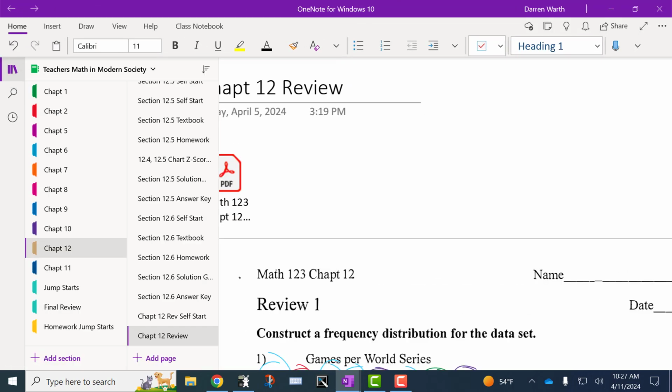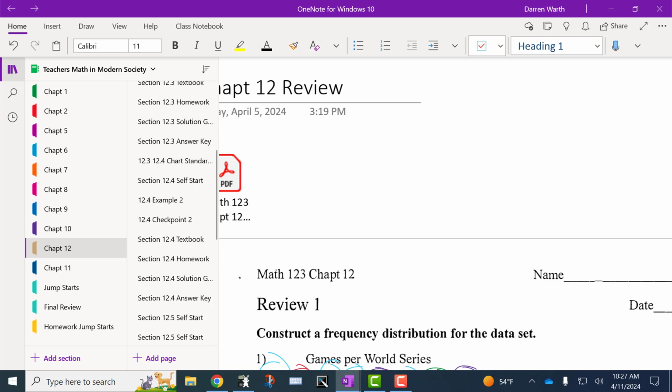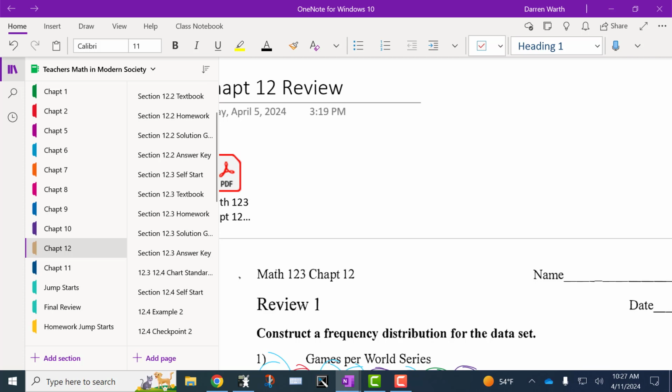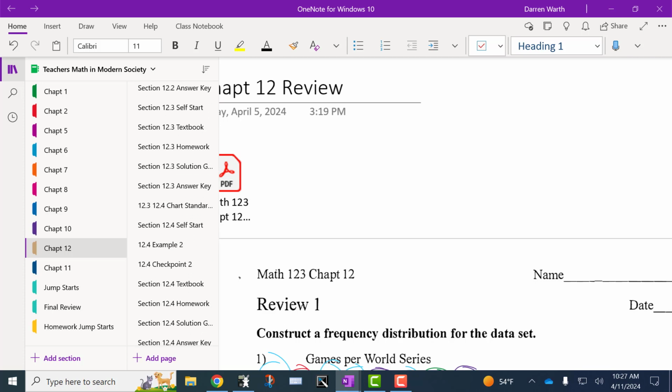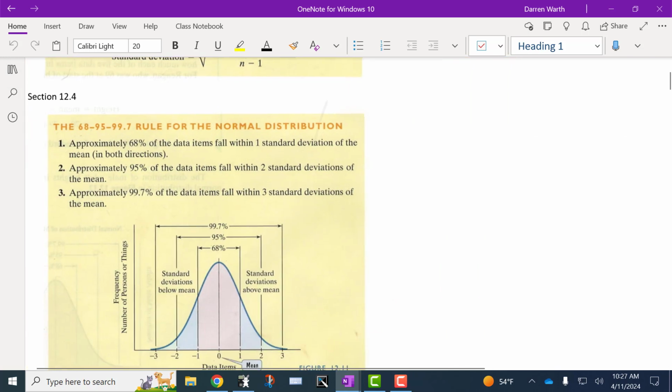Which kind of reminds you of what that distribution is, because it will be on your formula sheet right here.